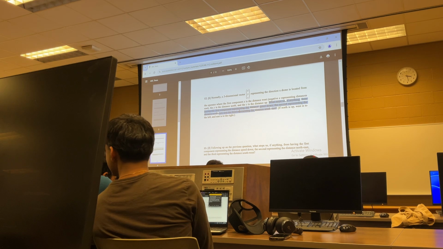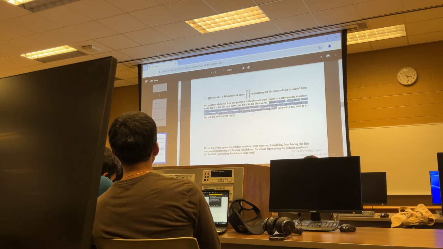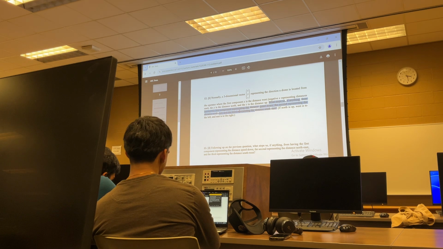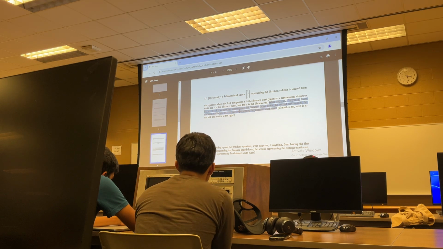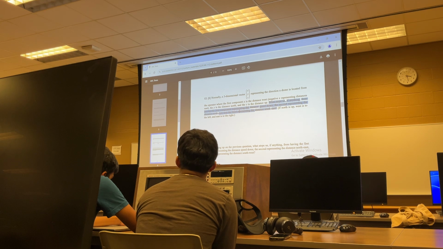It's basically redefining x, y, and z. So instead of it being north, west, and up, it's going to be down, northeast, and southeast. I can't draw it on the board, you guys will not see, I'll just write it here.